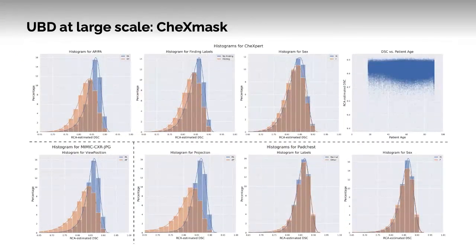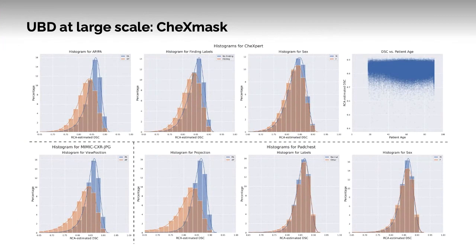And interestingly, we used this method for auditing the bias in this huge data set that I was telling you that we segmented. So here is something we discovered that we didn't know. Here you are seeing the distribution of DICE scores for different subpopulations in this data. One of the subpopulations we considered was whether the image was taken posterior anterior or anterior posterior.